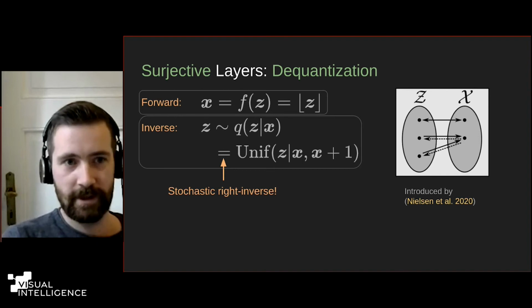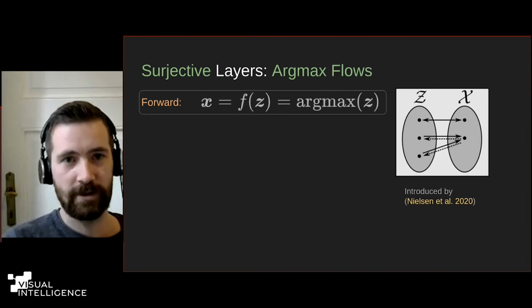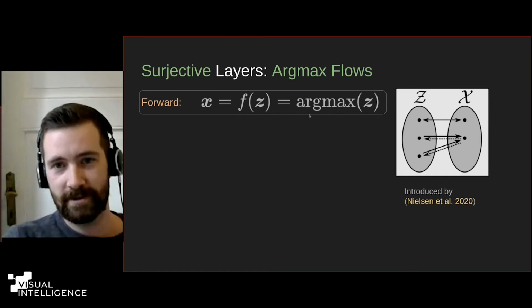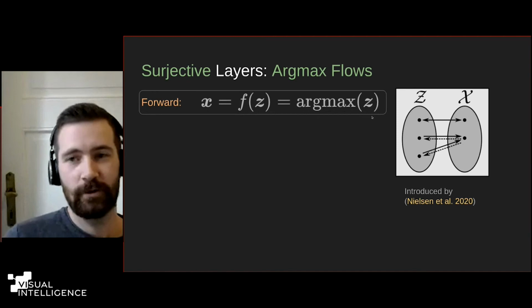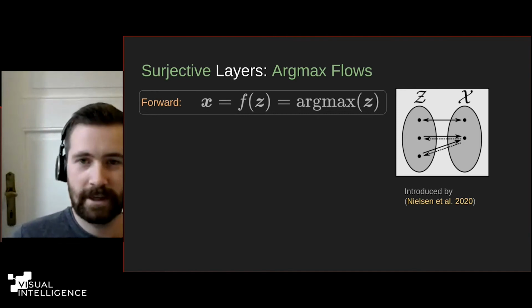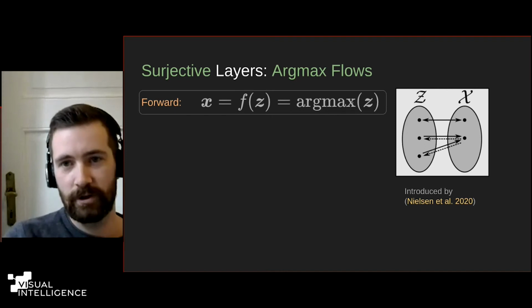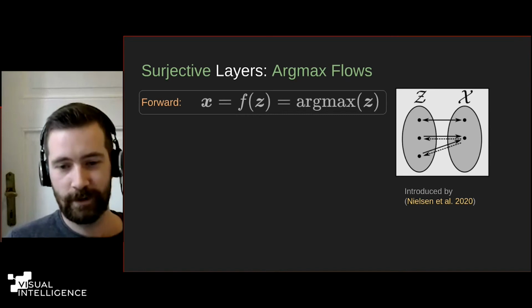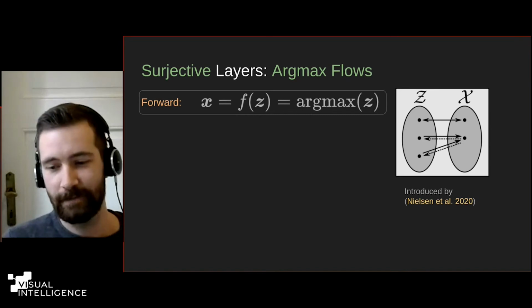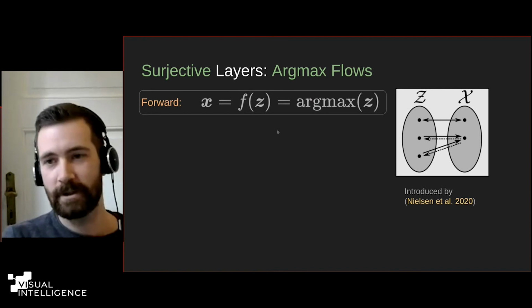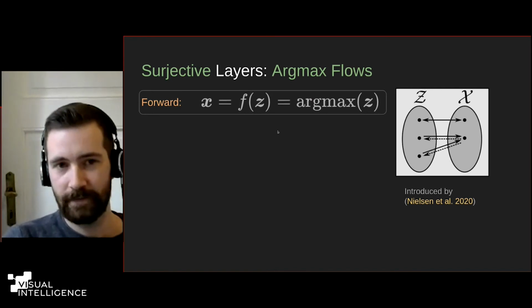So what we do is we introduce another deterministic transformation that is not invertible, the argmax operation. So if you want to model 10-dimensional categorical data, you use 10 continuous dimensions, so you generate a continuous vector of size 10, and then you argmax that to get your discrete category.